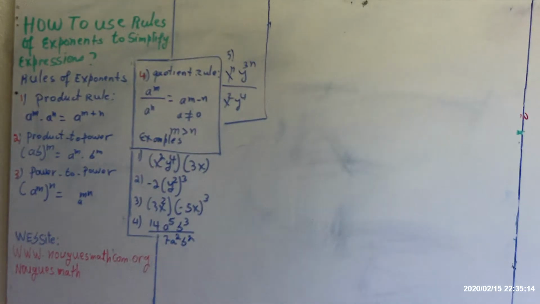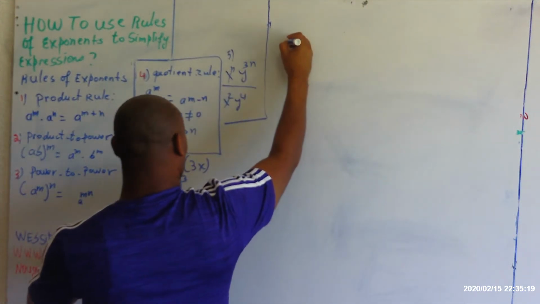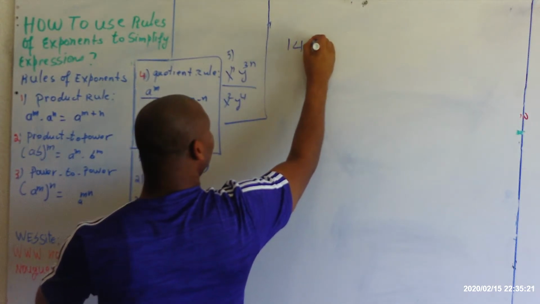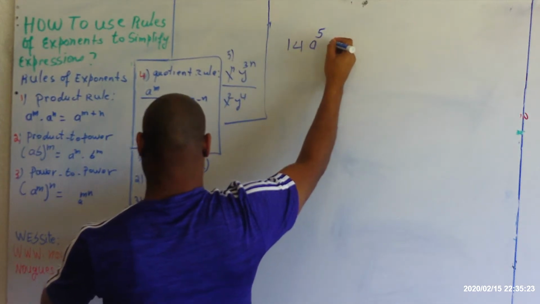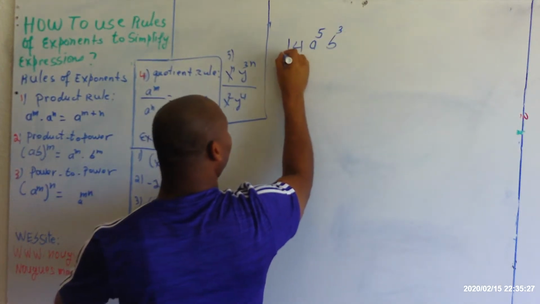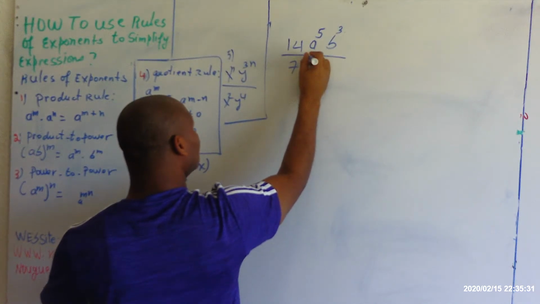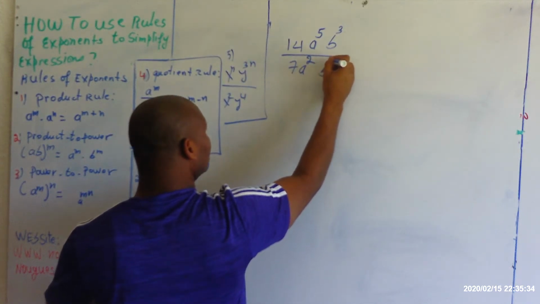Alright, I do number 4. Number 4, that's going to be 14 a to the 5 b to the 3 divided by 7 a squared b squared.